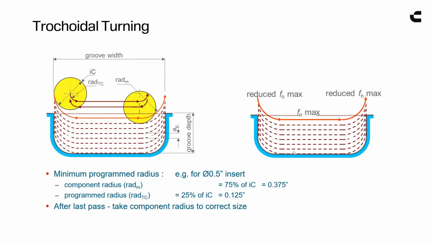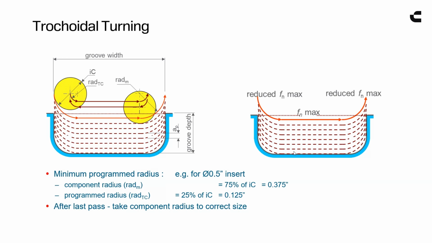So trochoidal turning is where you take a round insert, and to turn out a pocket, you're basically doing something similar to a zigzag turning process, except you're not zigzagging, slamming it into either side of the pocket wall. You're actually rolling it in and out at a particular radius. Usually that radius wouldn't exceed 50% of the diameter of that insert.